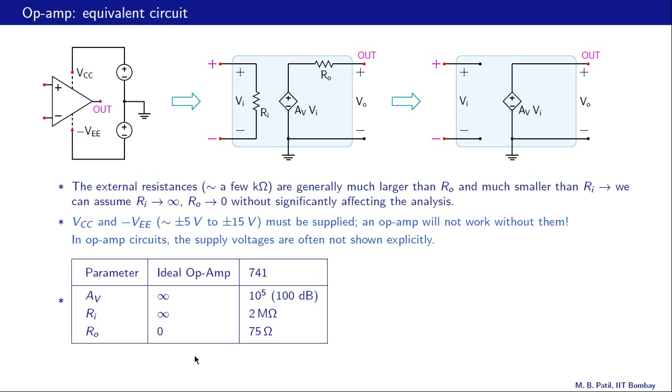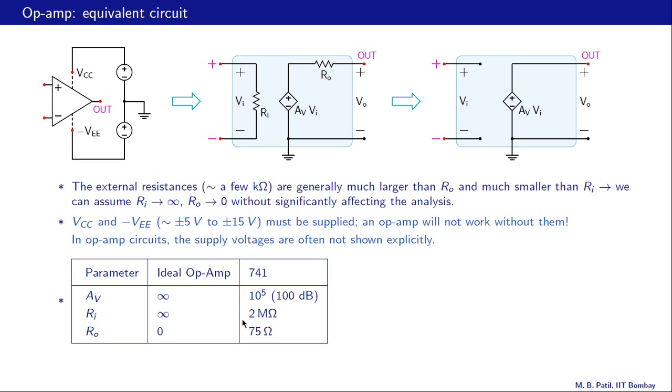Here is a table showing the parameter values for the 741 op-amp. The voltage gain, this gain here, ideally infinite. For the 741, it is 10 raised to 5 or 100,000, which is still a large number. And in terms of decibels, it is 100 dB. Ri, the input resistance, ideally infinite.